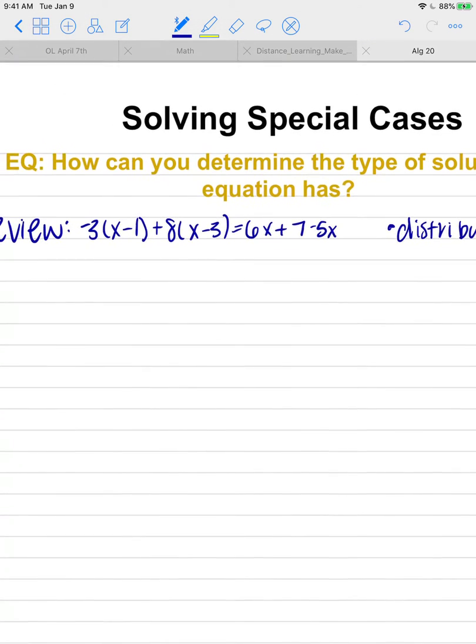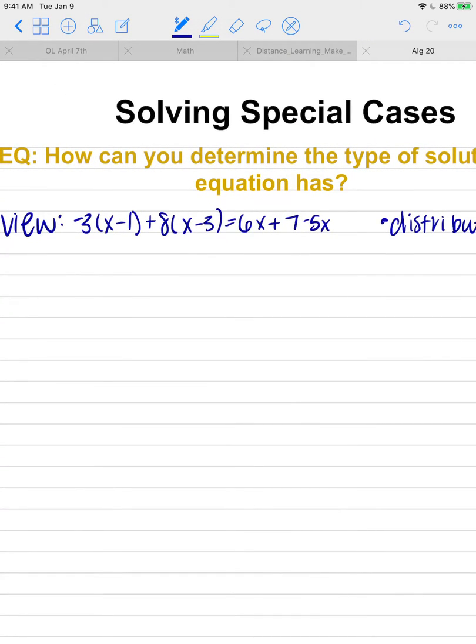So I've got to distribute the -3 to both terms and the 8 to both terms that are behind the parentheses. So -3x plus 1 plus 8x minus 24 equals 6x plus 7 minus 5x.